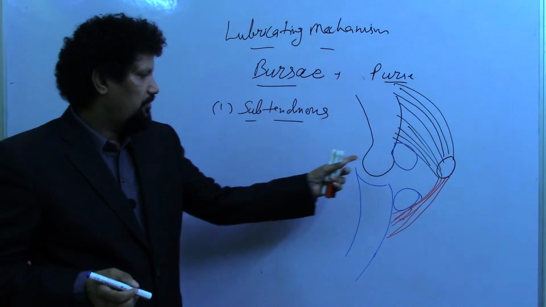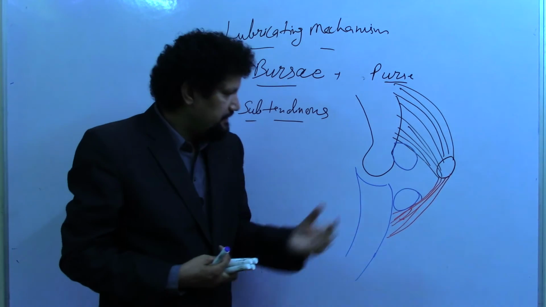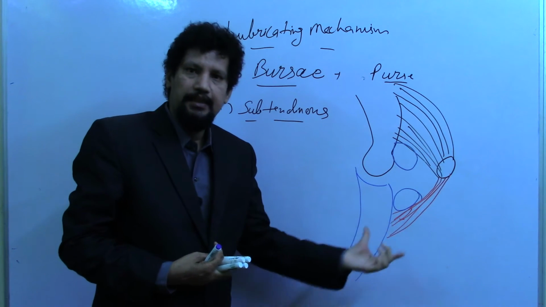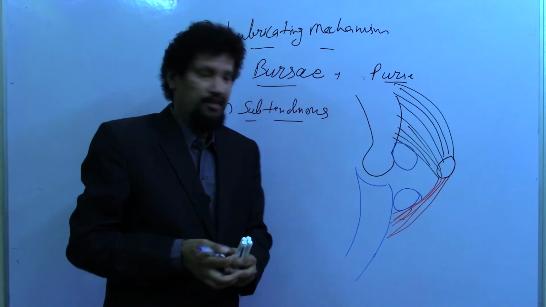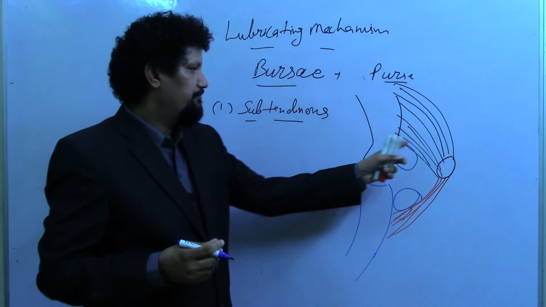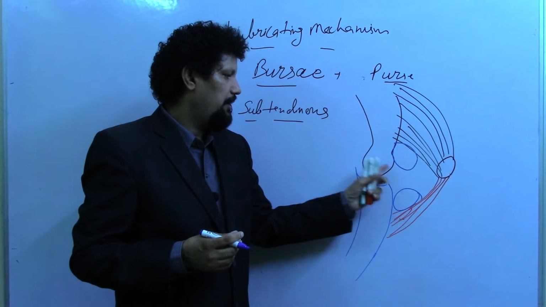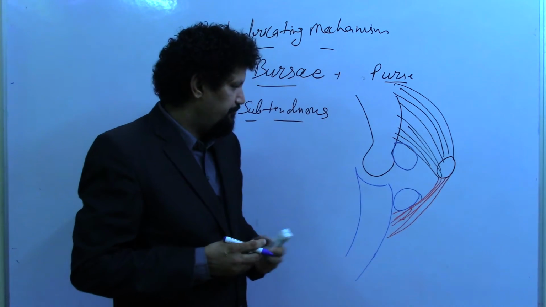This bursa is known as suprapatellar, and this bursa is known as the inferior deep patellar bursa. This is interposed between the muscle and the bone, and here you can see between the tendon and the bone.